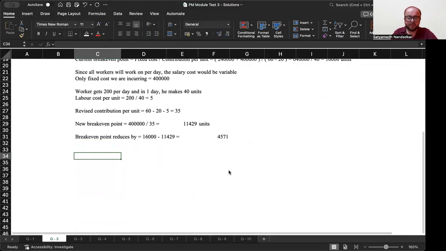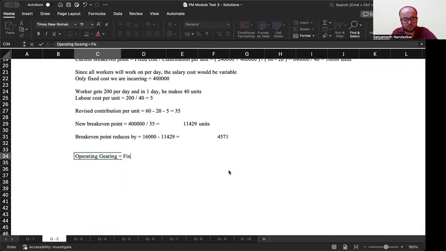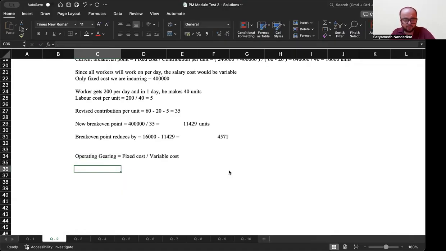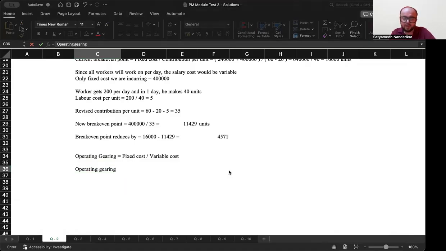Now let's talk about operating gearing. One of the formulas to discuss operating gearing is fixed cost upon variable cost.